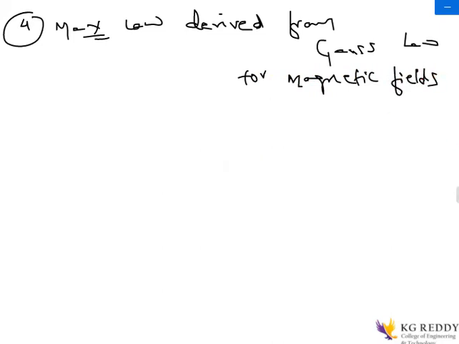For magnetic fields, as I already told you, the surface integral of magnetic flux density over a closed surface is always zero. The same thing we took for the static fields when deriving Maxwell's equation. Try to remember, this is Maxwell's magnetic field equation expressed in integral form, derived from the Gauss law applied to magnetic fields.